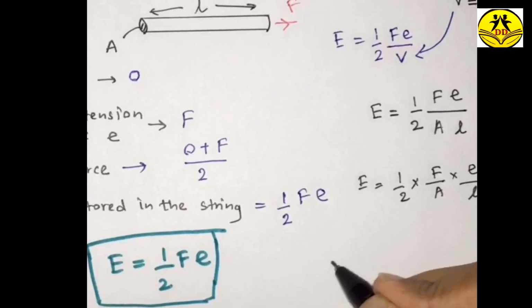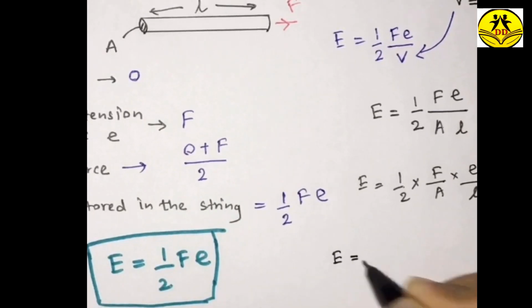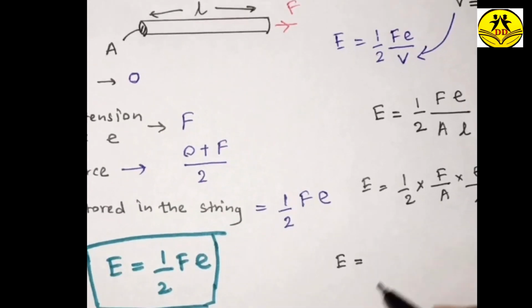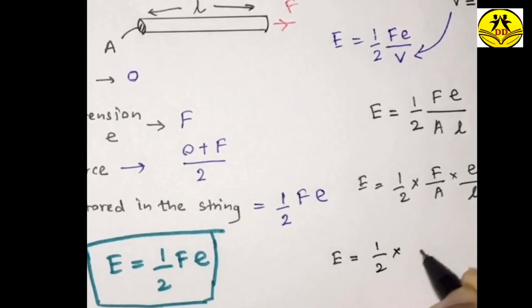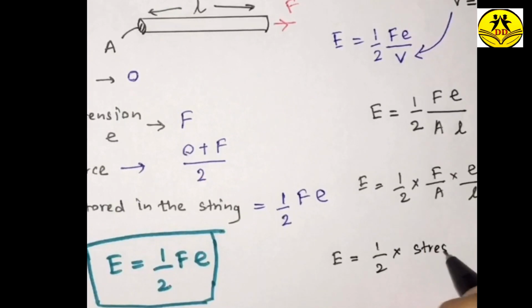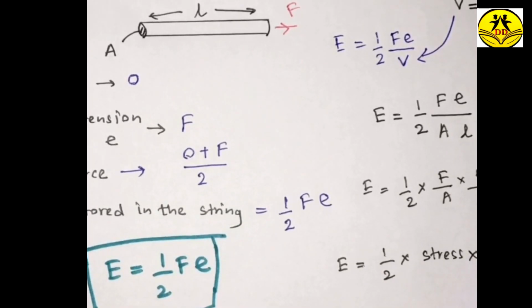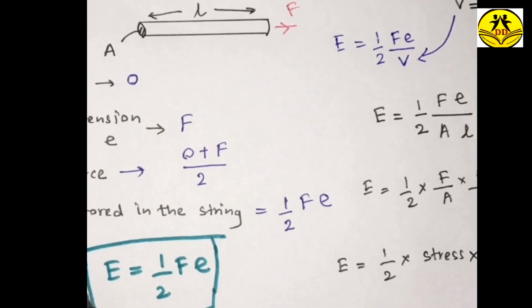So we can build up the relationship for energy stored per unit volume, that is half into the stress into the strain. This is the relationship for stored energy per unit volume, and this is the normal equation we use to calculate the energy stored in an elastic material.